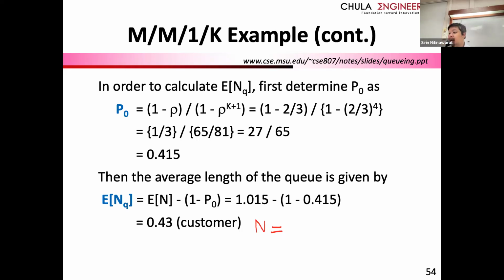So in this case, it is the number of customers waiting plus an indicator function, which is 1 when the system is non-empty.